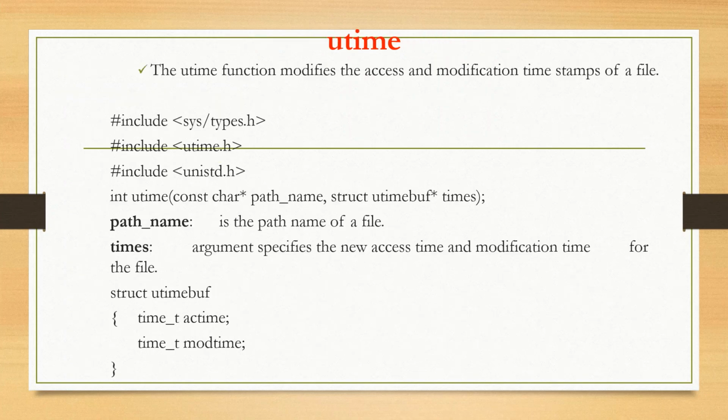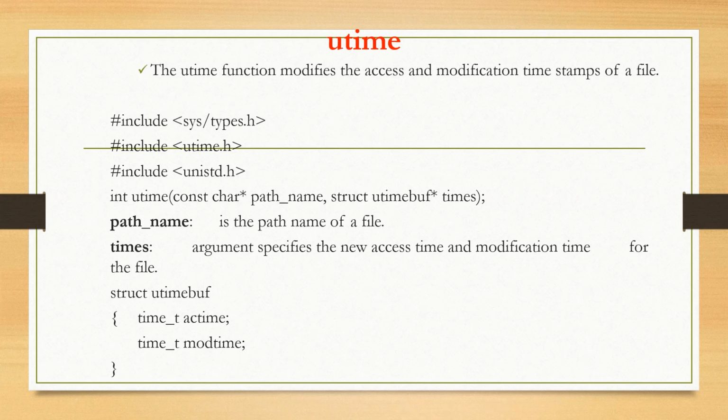Here we discuss the utime function, which modifies the access and modification timestamps of a file. The prototype is given below. It includes the sys/types header file, the predefined utime header file, and then the standard header file. The utime function returns an integer type and takes a path name and times as parameters.